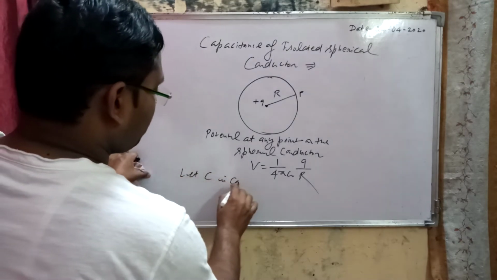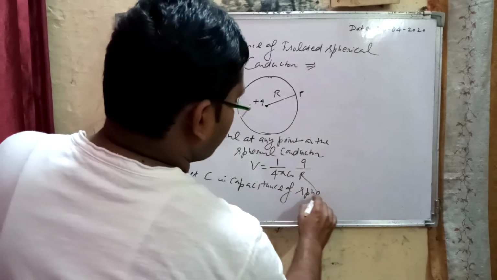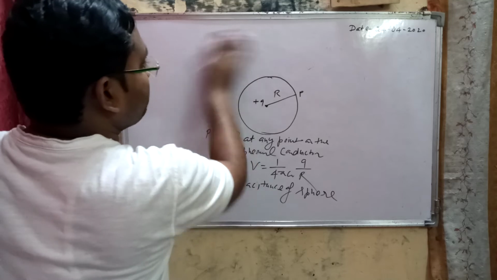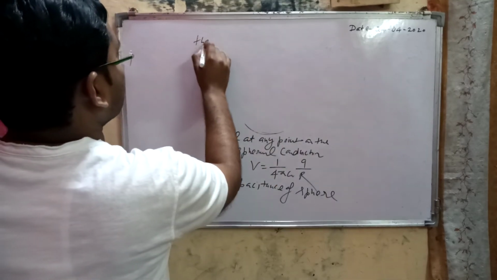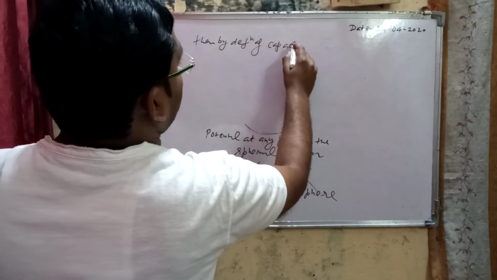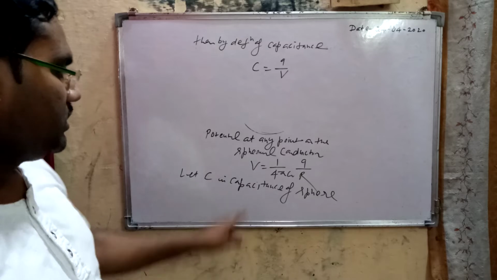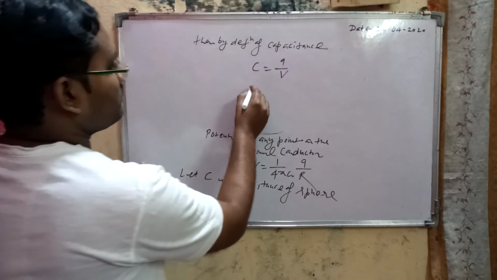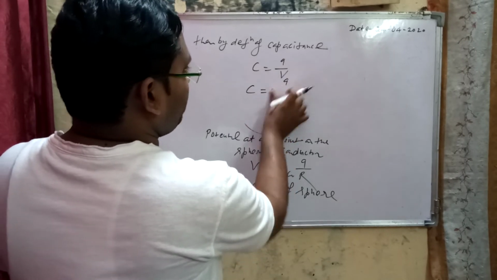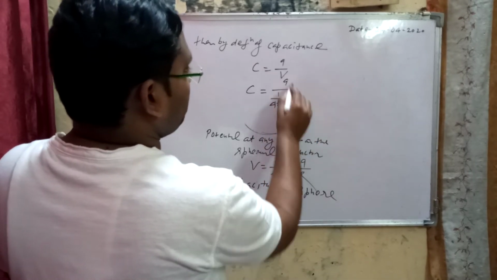Let capital C be the capacitance of a sphere. Then by definition of capacitance, C is equal to Q by V. Now we substitute the value of V here, and we get the result: C is equal to Q divided by 1 divided by 4 pi epsilon naught Q by R. Here Q and Q cancel.